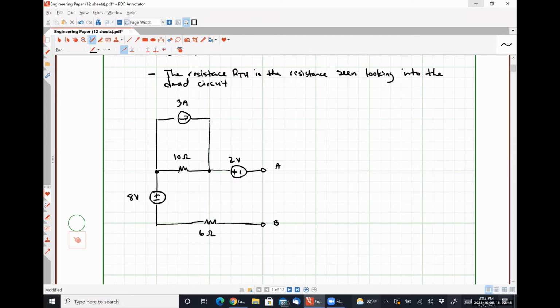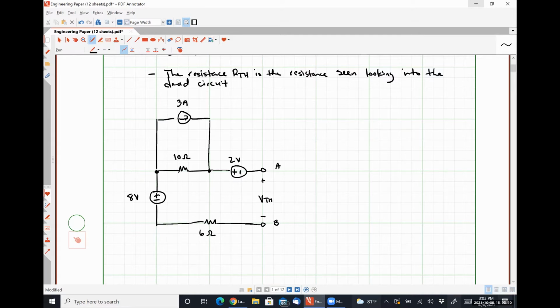So if we want to find the Thevenin voltage seen between terminals A and B, it is literally just the voltage drop across the open circuit terminals. That's what an open circuit voltage is: the voltage drop across a pair of open circuited terminals.